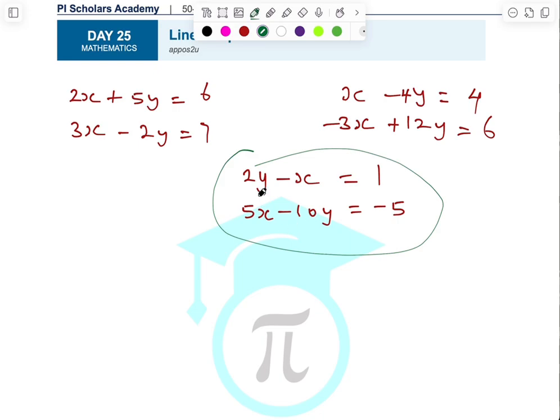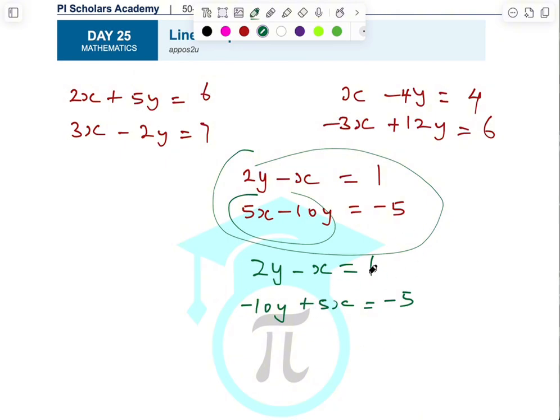If I rearrange the second part, the equation becomes 2y minus x equals 1. Then I want to rearrange so that y goes first, so that would be negative 10y plus 5x equals negative 5.